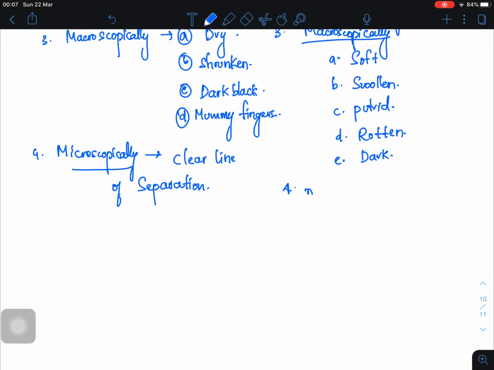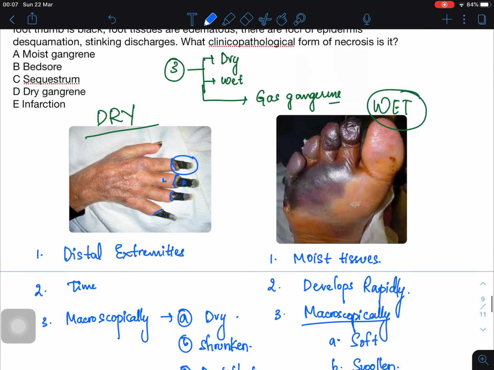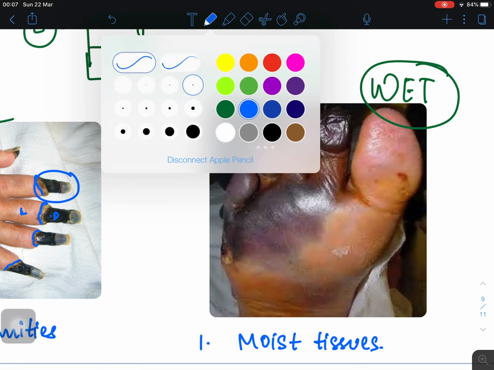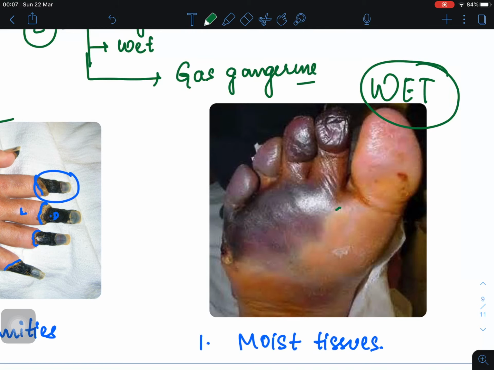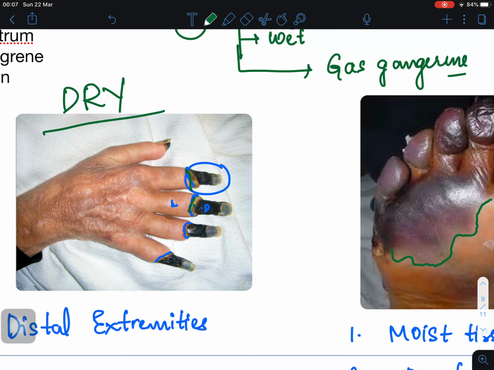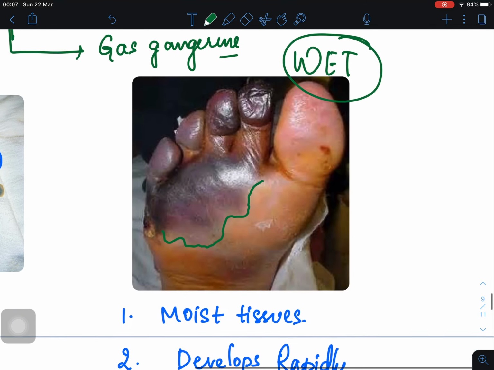Now coming to the microscopic changes, you tell me, do you find any line of separation here? A perfect line? No. See here. If I say this is the line of separation, is this clear? The line of separation in the dry gangrene is clear.